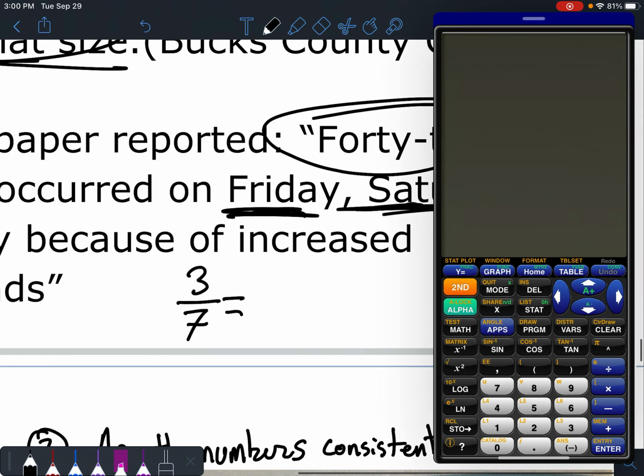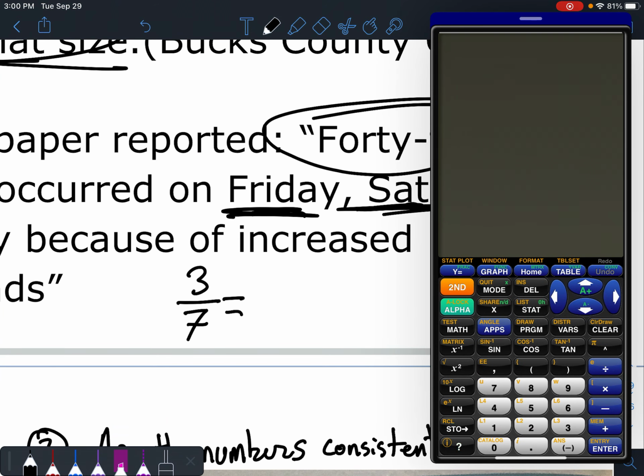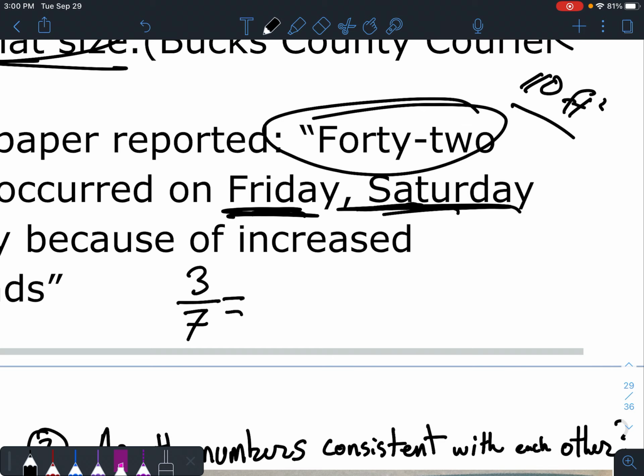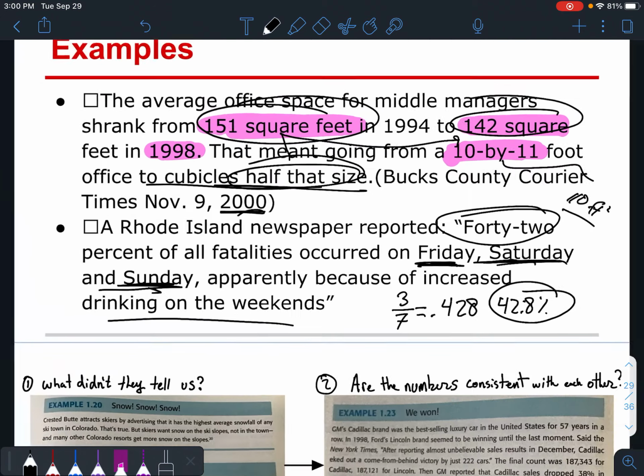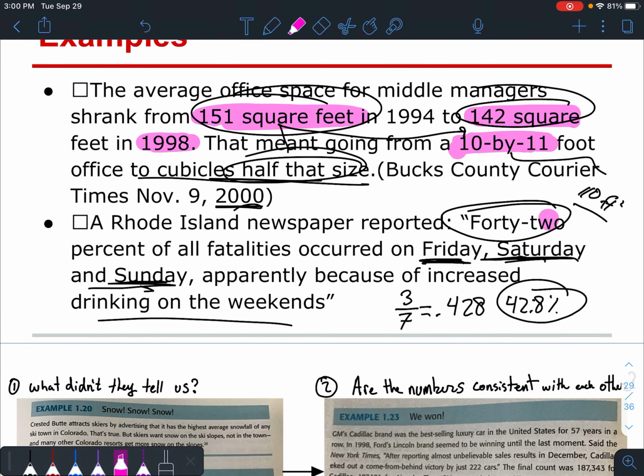If you crunch the numbers, 3 divided by 7 is 42.8%. So really what's happening is 42% of our fatalities are happening on 42.8% of the days.